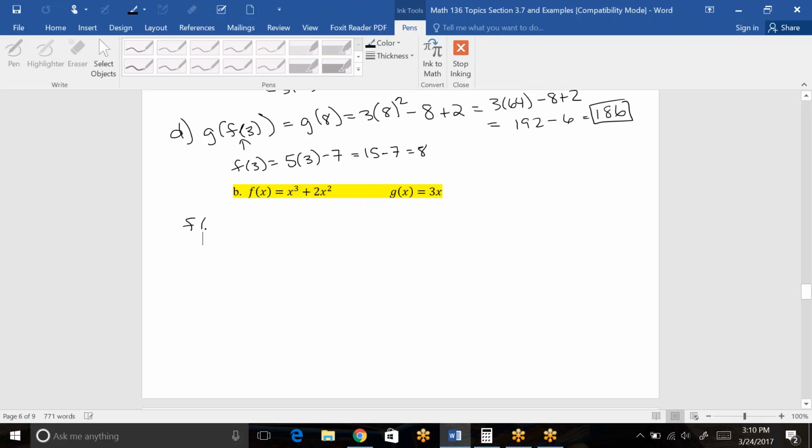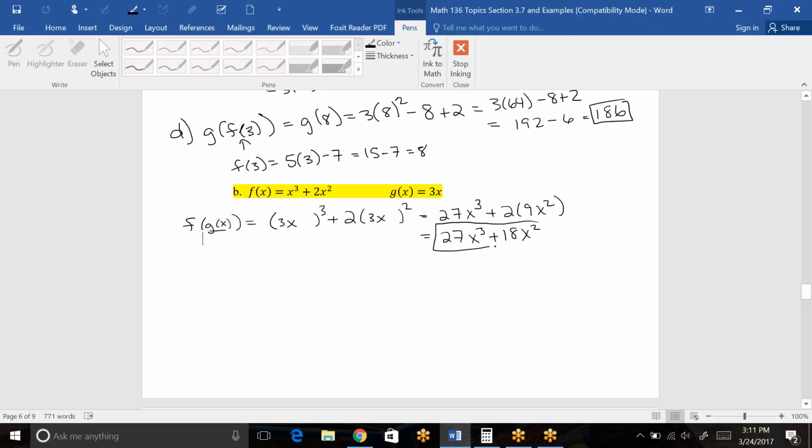So I need to do f of g, which in this case would be f is blank cubed plus 2 blank squared, with g being 3x for each of those. That would be 27x cubed, because I have to cube this, plus 2 times 9x squared, for a total of 27x cubed plus 18x squared.